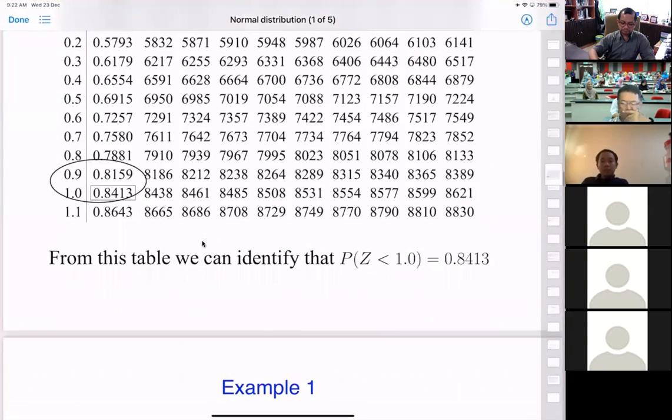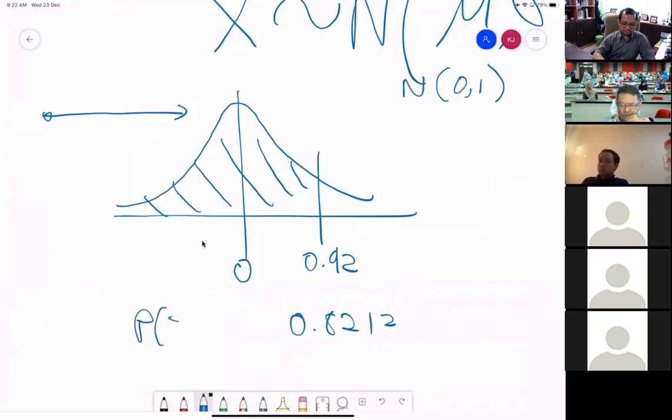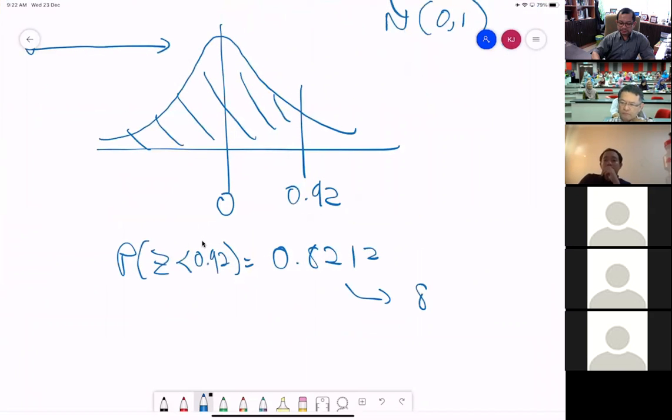The probability z less than 0.92. What does it mean? It is less than 0.92. The probability is 82.12%. This is the answer.